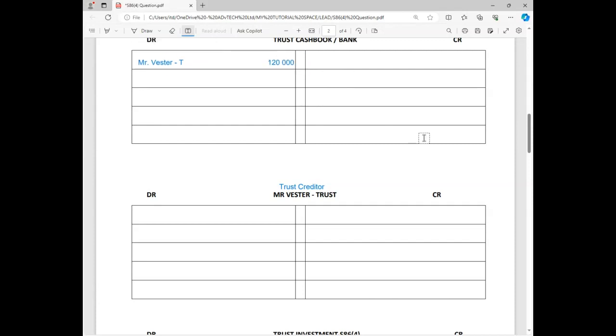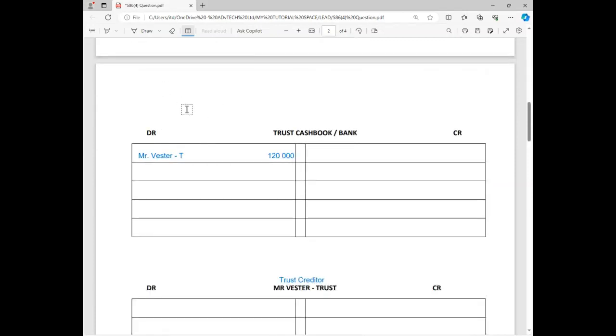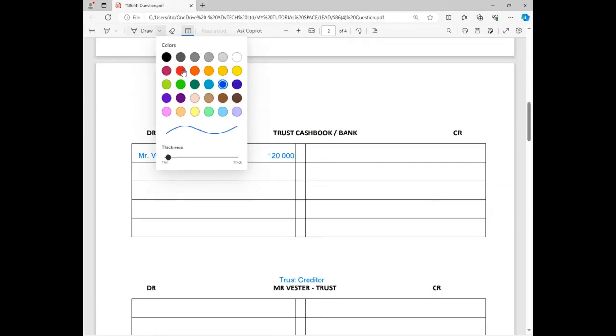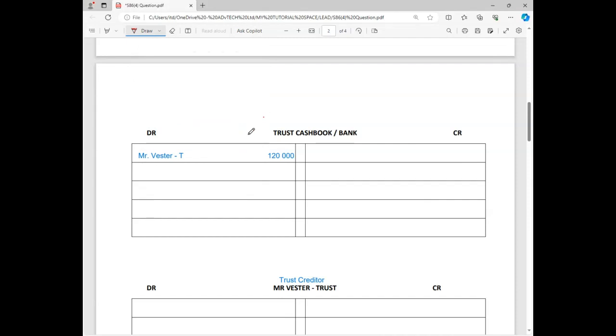Okay, this is the first thing that we need to do. Remember, on the debit side is where we increase our assets. Okay, this is very much important. We increase our assets on the debit side and we decrease them on the credit side. This is very much important.